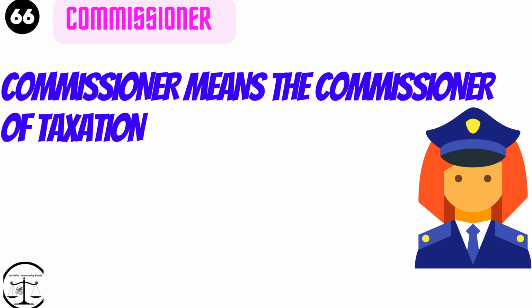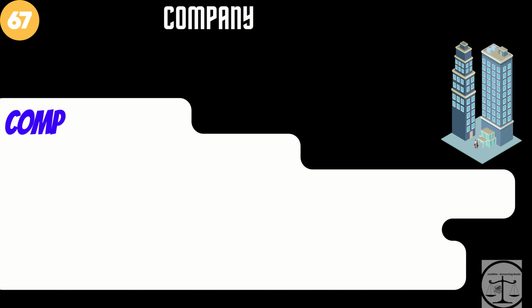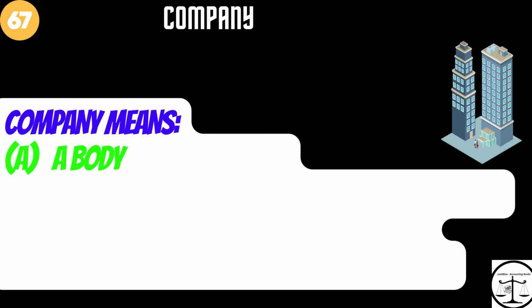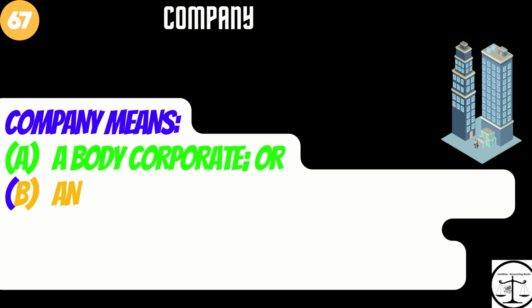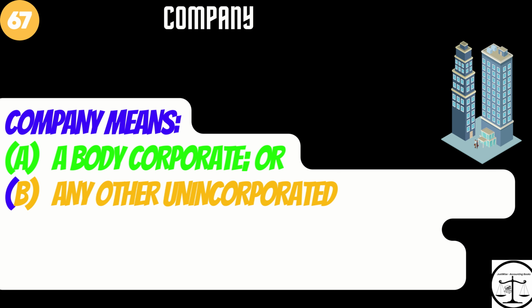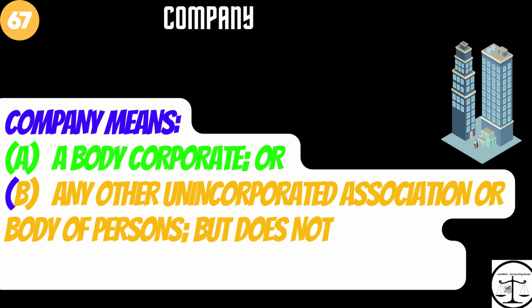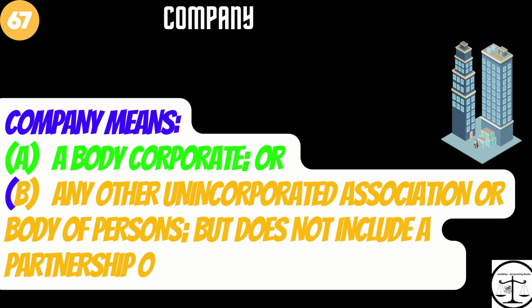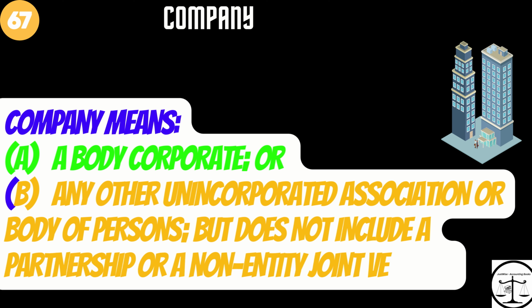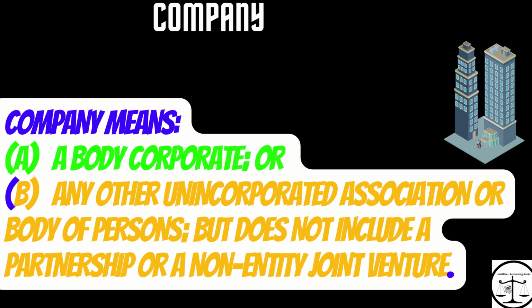Word number 66. Commissioner means the Commissioner of Taxation. Word number 67. Company means A. a body corporate, or B. any other unincorporated association or body of persons, but does not include a partnership or a non-entity joint venture.